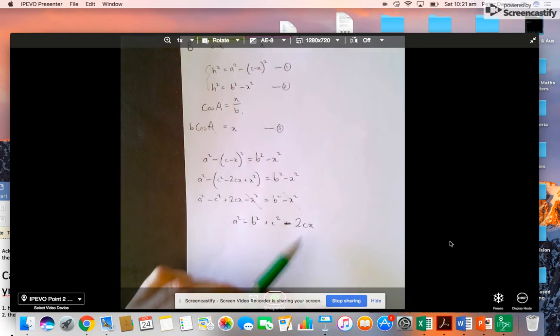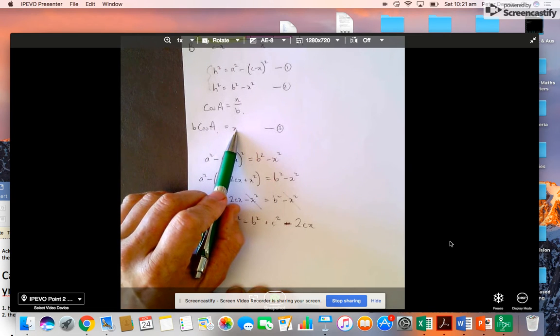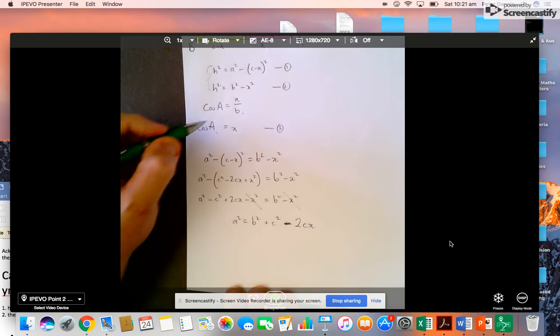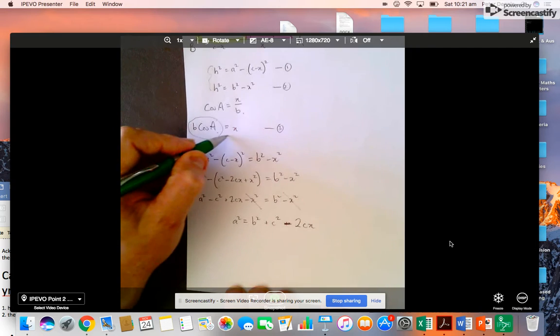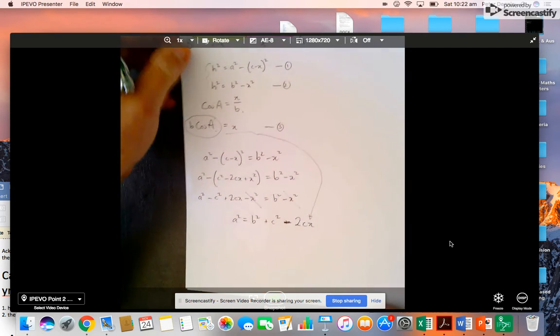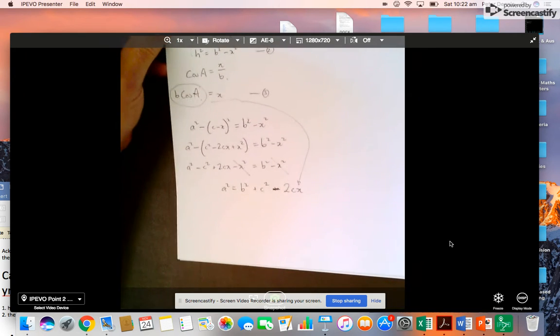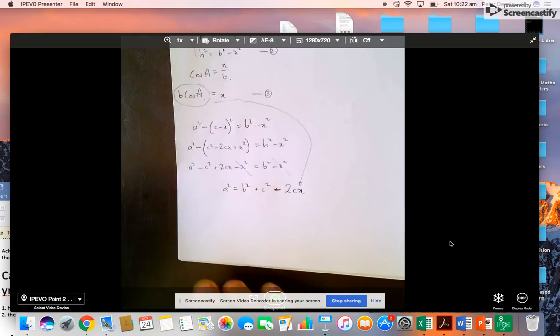Now, we don't want this x though. So we go back to our third formula, and we know that x equals b cos A. So we're going to put this b cos A straight in here for x. So really it's just all these simultaneous equations. We've got three equations, and we're trying to simplify them using substitution, really.